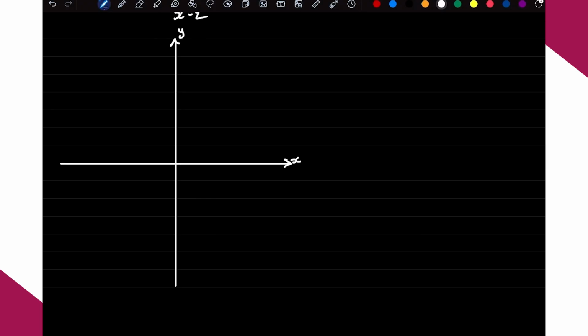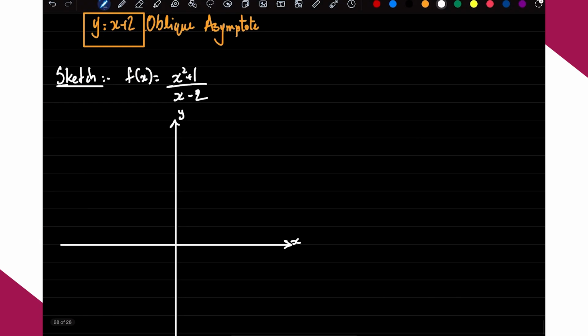y, x. So we know that our oblique asymptote is basically y equal to x plus 2, right? This is y equals x plus 2. We can also find the vertical asymptote.